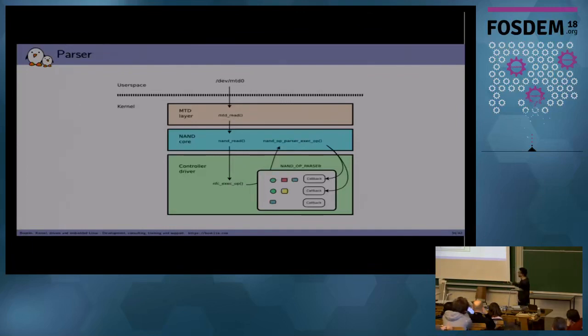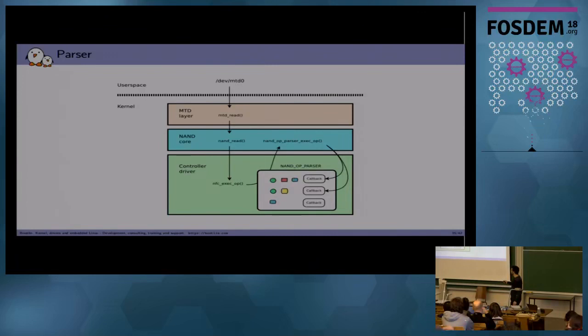So now, when you want to do, let's say, a read, the main read operation in the NAND core will now call the execop hook from the controller driver. And if the implementation is a bit complicated, you can just call the parser from the NAND framework, giving it an array of supported patterns.